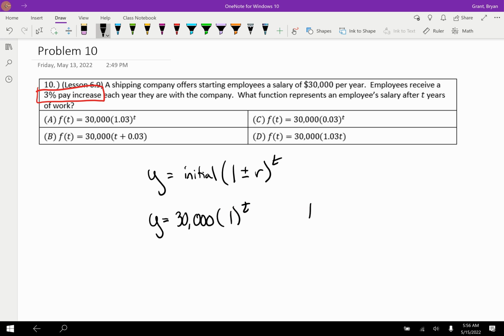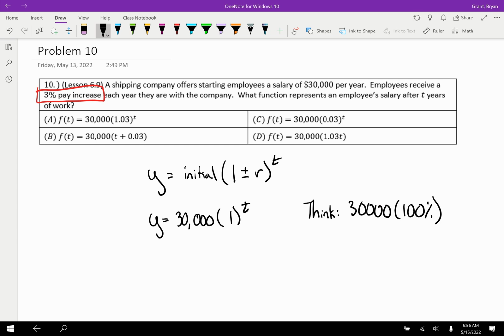Another way to think about that is every year you have $30,000 and you get 100% of that $30,000. But we don't want just 100% of $30,000. We want more than $30,000 for our salary each year. Our salary is going up.